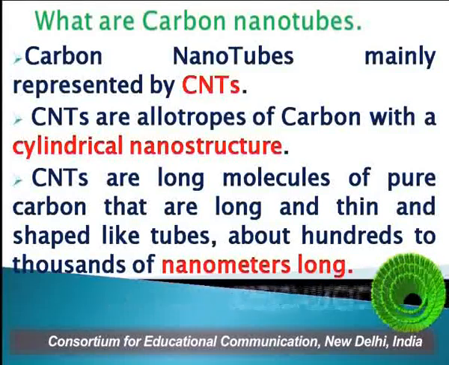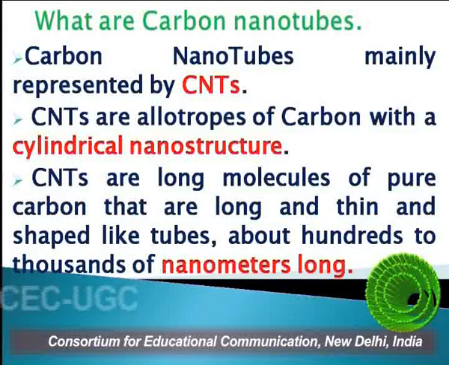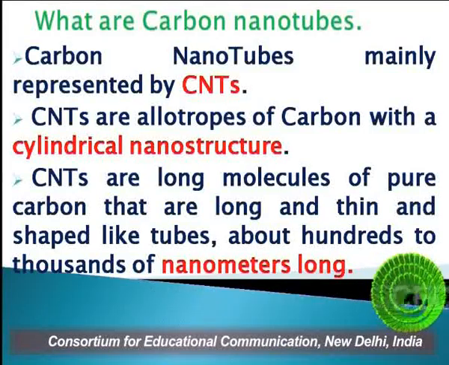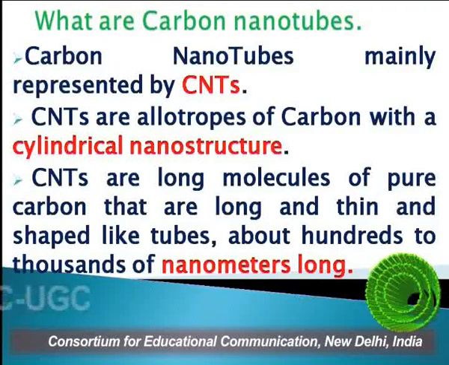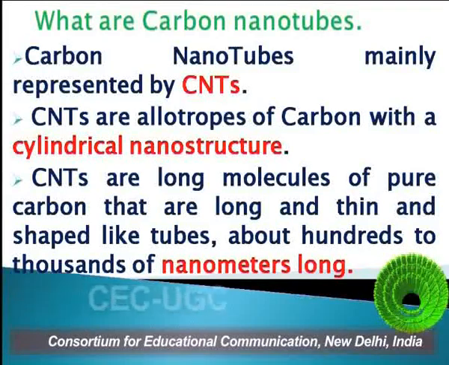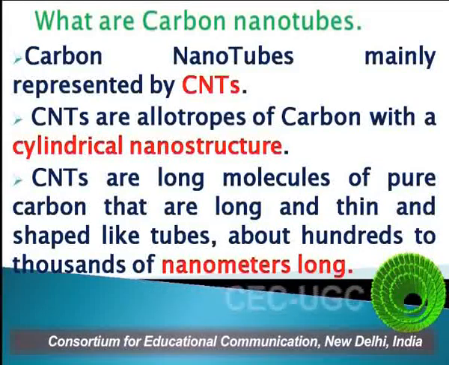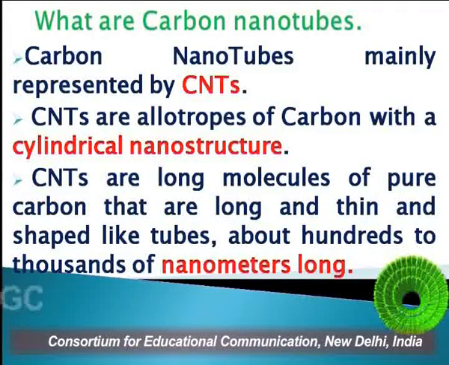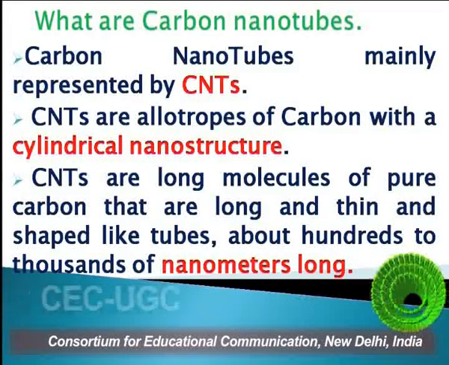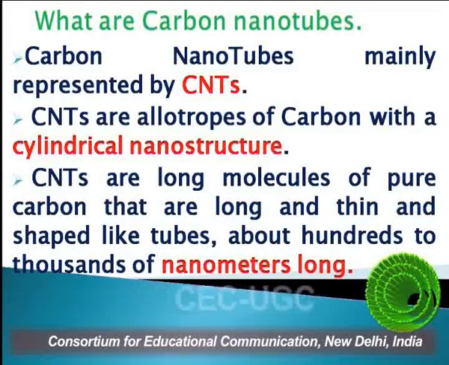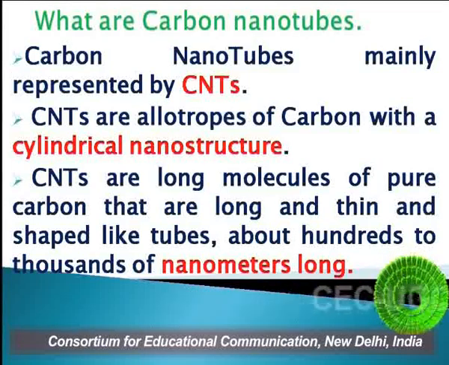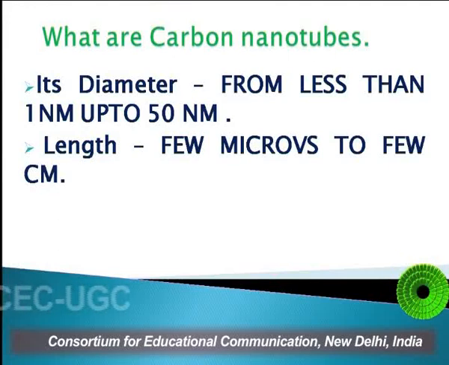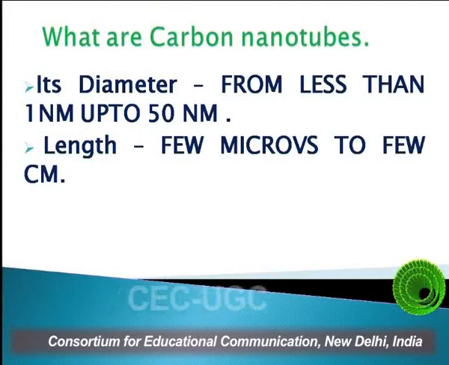CNTs are long molecules of pure carbon that are long and thin and shaped like a tube, hundreds to thousands of nanometers long, and their diameter is in the range of nanometers. Moreover, the diameter is from less than 1 nanometer up to 50 nanometers.